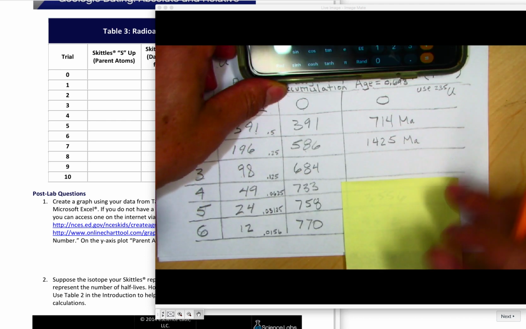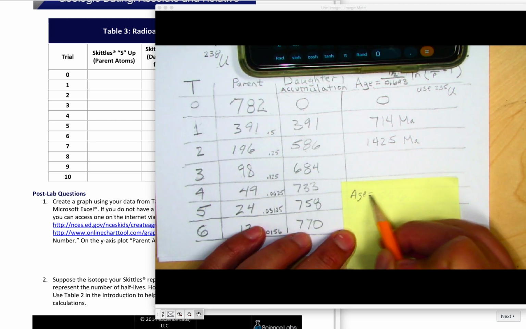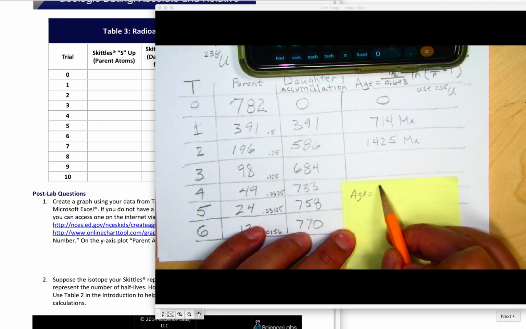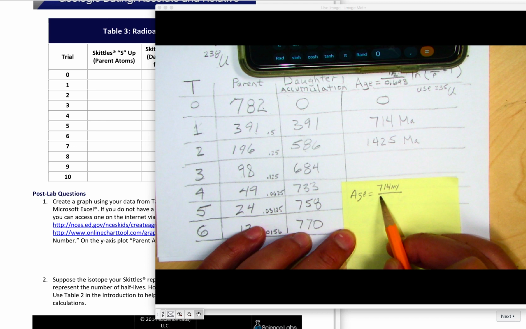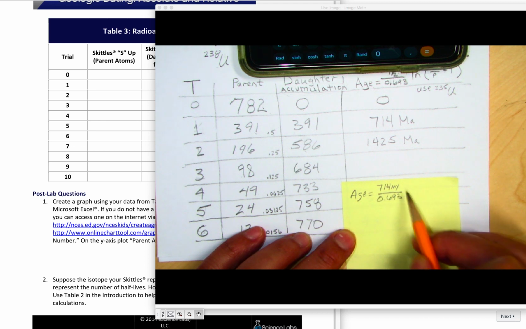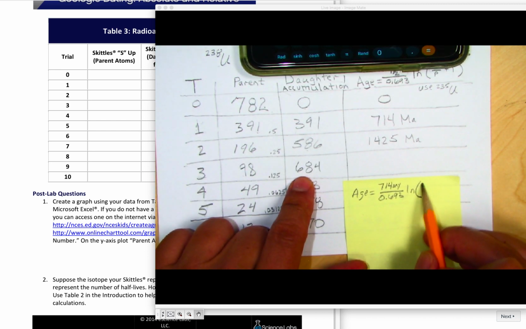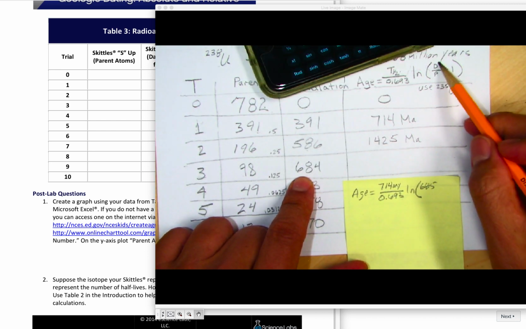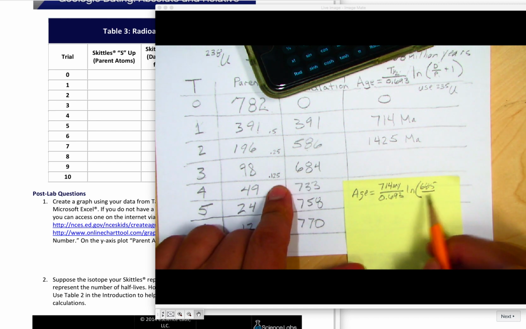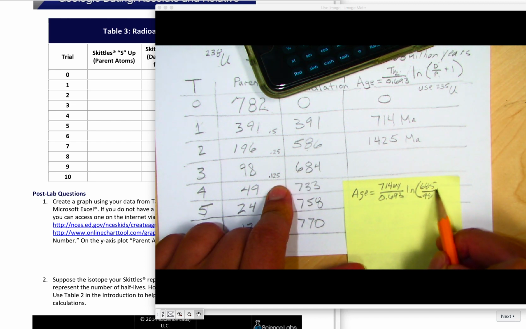On my phone here, we'll write this equation. The age of this sample, remember I'm using uranium-235, so it's 714 million years divided by 0.693 times the natural log. In this case, my daughter product is 684, because I want the daughter product divided by the parent, which is 98. Then I add 1 there.